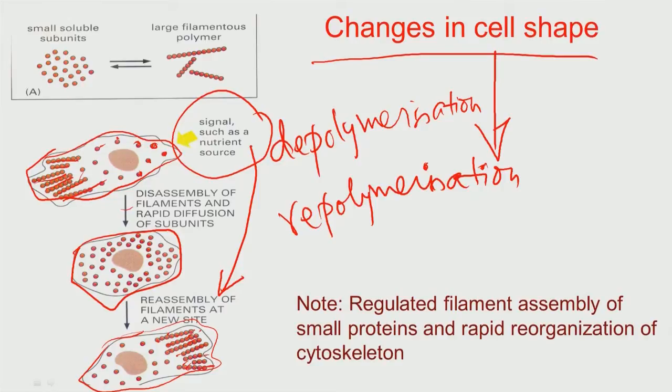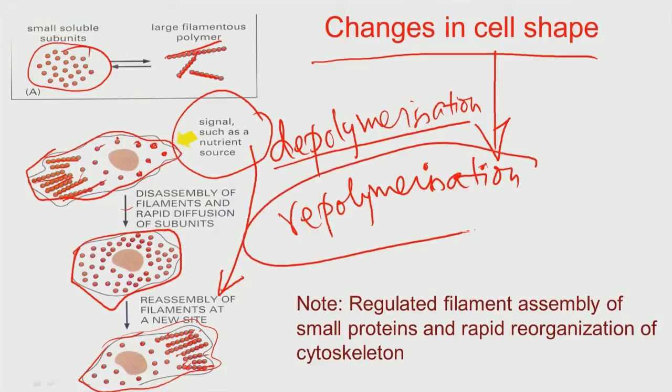Let me reiterate my points once more. The process of depolymerization helps actin filaments break down into smaller, soluble subunits like monomeric units. Under certain signaling environments, repolymerization of these small soluble subunits can lead to actin filament formation again, not at the original place of their degradation, but at other sites of the cytoplasm.